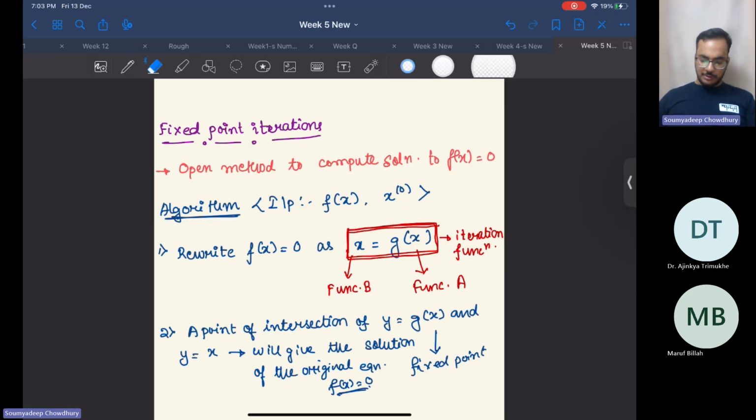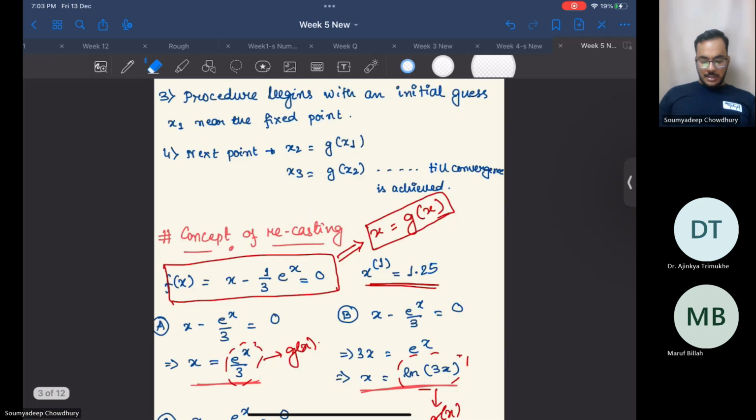So by using this concept of recasting, we approach the intersection point of these two curves. This is also an open method, where we are given an initial guess, and we start from the initial guess and then gradually move until convergence is achieved.